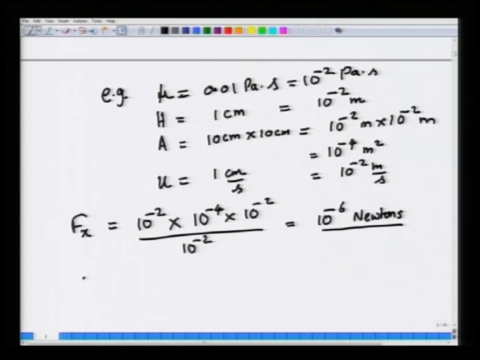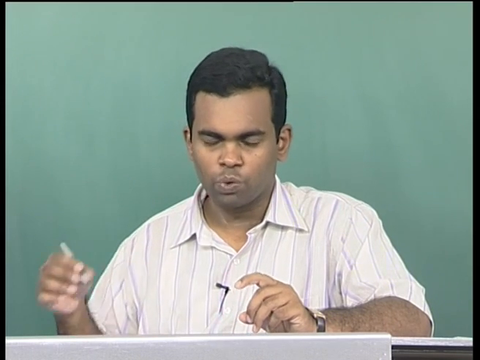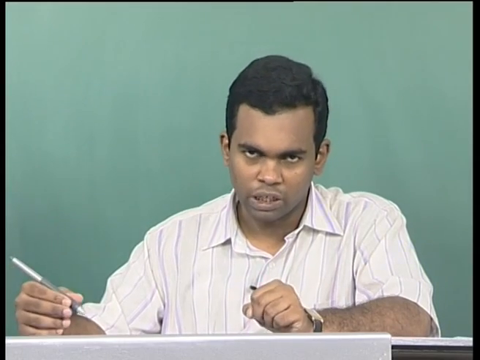What is the rate at which work must be done? Suppose you want to move this conveyor belt using some rotating machinery. The rate at which work must be done by the external agency to keep moving this belt is, work done is force times distance, so the rate at which work is done is force times distance divided by time.